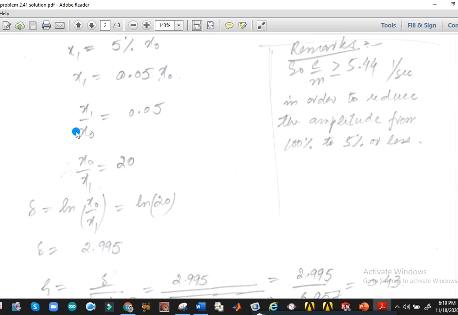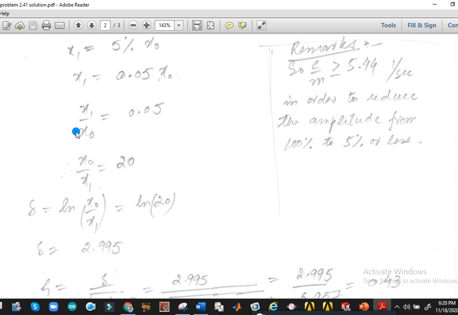First of all, before solving any problem, we need to check whether the system is underdamped, overdamped or critically damped. We know that the damping ratio is equal to the ratio of the damping coefficient to the critical damping coefficient. That means zeta is equal to C over Cc. Here zeta is unknown, C is also unknown, and Cc is equal to 2m omega n, where m was the mass of the body, and omega n we can derive.